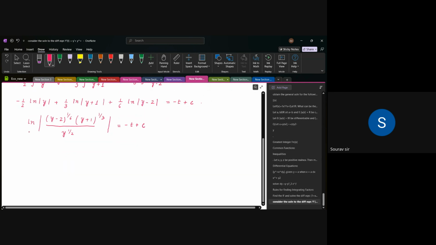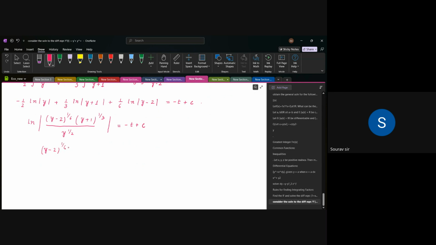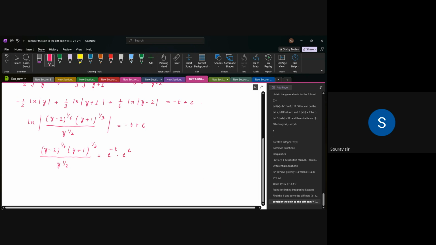So this can be written as (y minus 2) to the power 1 by 6, (y plus 1) to the power 1 by 3, divided by y raised to the power half, is equal to e raised to the power minus t into e raised to the power c.